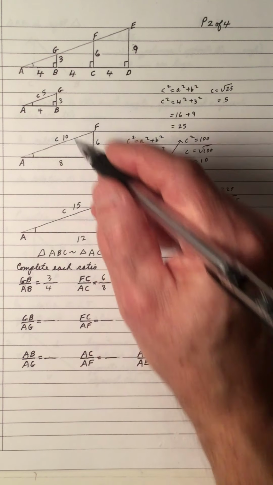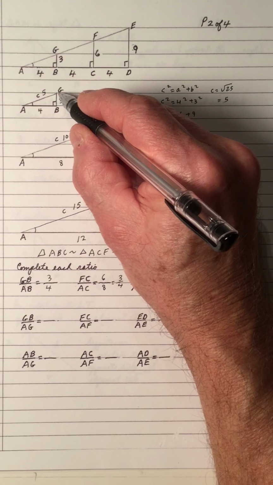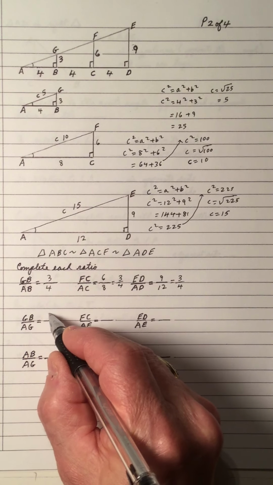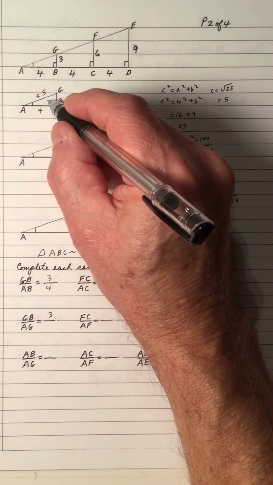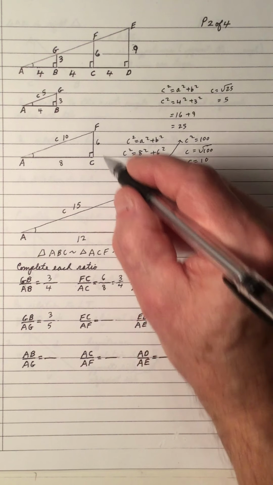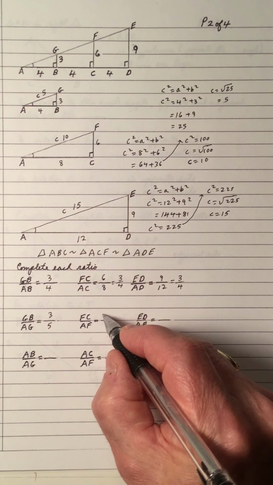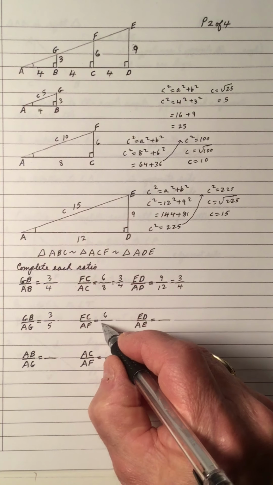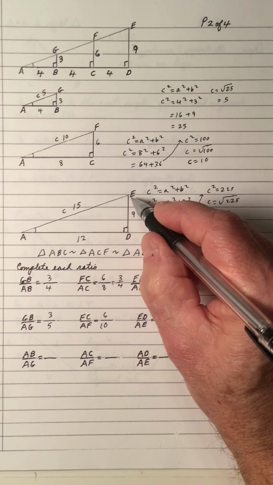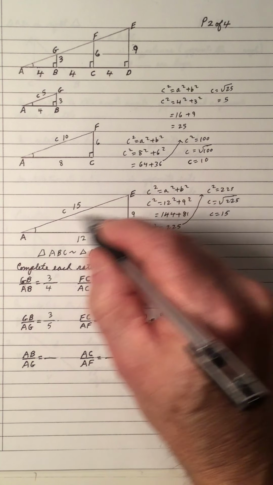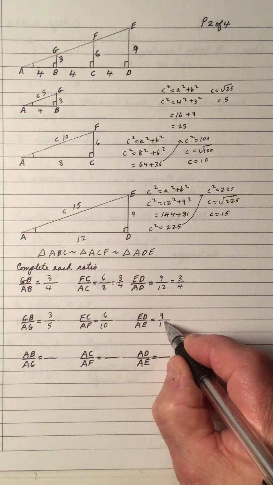And let's look at more sides. GB is 3 over AG, which is 5, and FC is 6 over AF, which is 10, and ED is 9 over AE, which is 15.